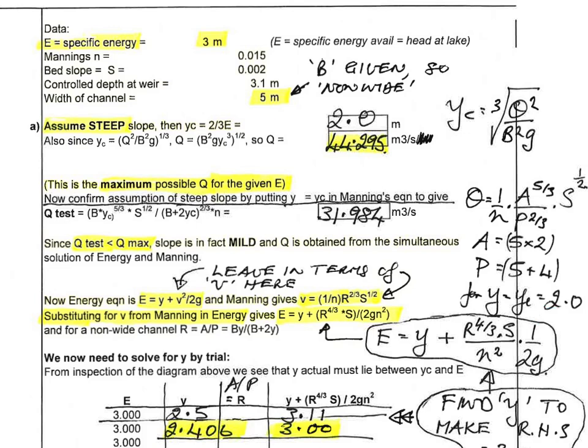And if we put these values in there, we get that Q is 32 cubic meters a second, less than the 44.3 maximum, so therefore this is a mild slope, and we will have to find the actual Q by taking the energy equation, E equals y plus v squared over 2g, and substituting for v from Manning's equation.